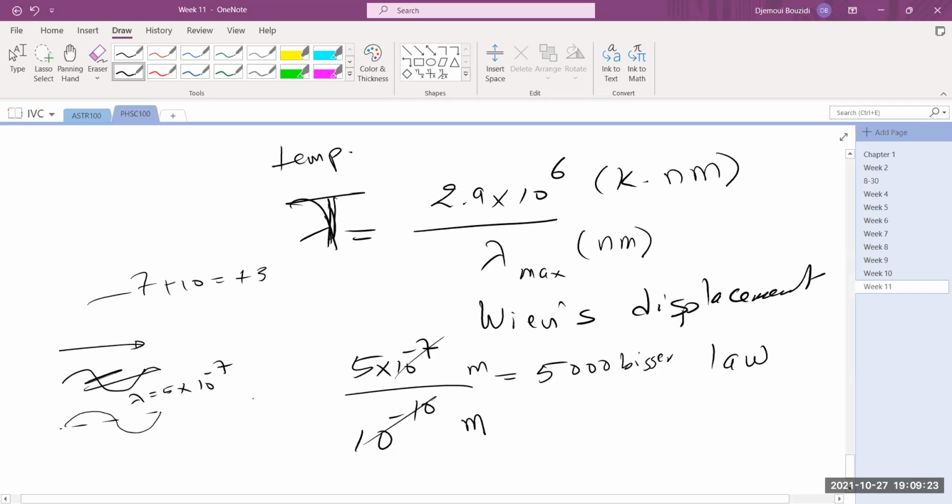If you take an atom from side to side, I'm not talking about the diameter, you will need 5,000 atoms lined up one next to the other to make a wavelength of blue. Why is this important?